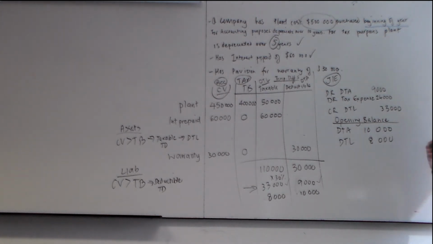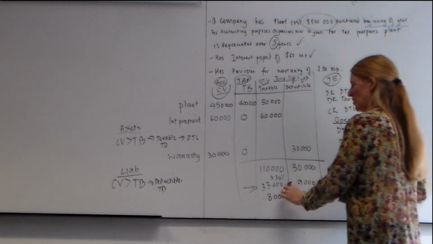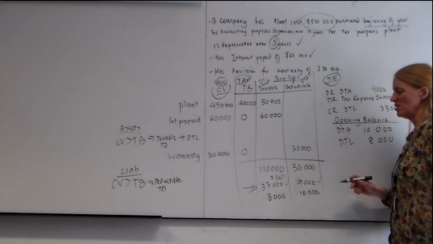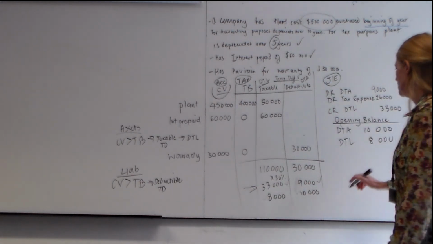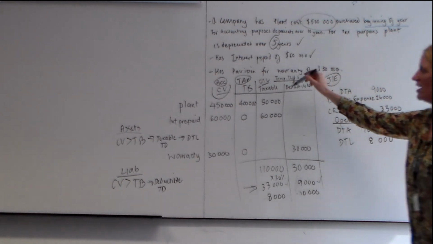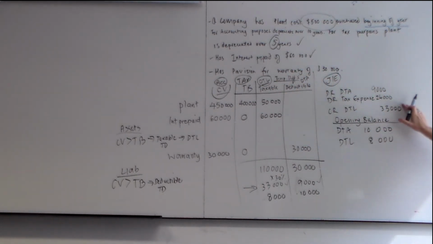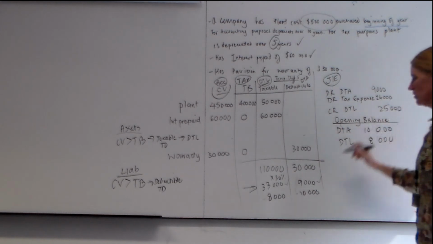The differences aren't just for the current year. They're not differences that have occurred only this year. There are differences which extend beyond this year. So don't worry too much about that. Just remember that this figure here must be the closing balance. If you've got an opening balance of 8 for deferred tax liability, this is now going to change to what? 25, yeah. So you take off 8.